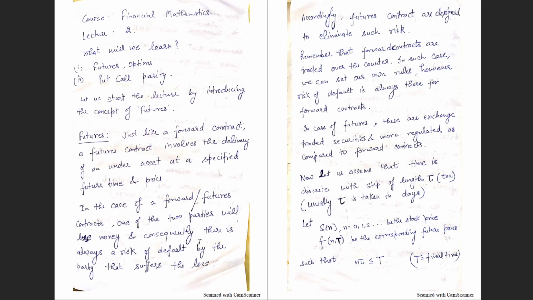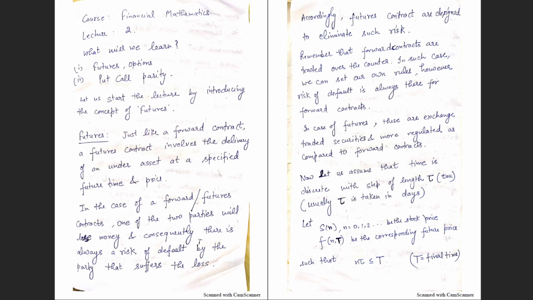In the same way, f of n tau, so for n equals 0 it would be f of 0 tau, I mean the futures price at time t equals 0, and f of 1 tau is the futures price at time t equals 1. But you can see here we are saying so many futures prices: f of n tau, f of 0 tau, f of 1 tau, f of 2 tau. Why is it so? In a forward it was only capital F of 0 T, if you remember, right? So why is it so?